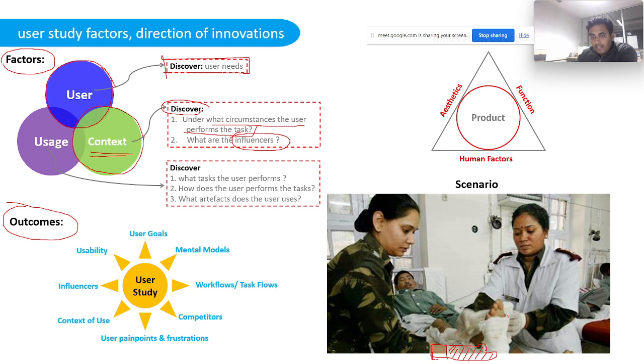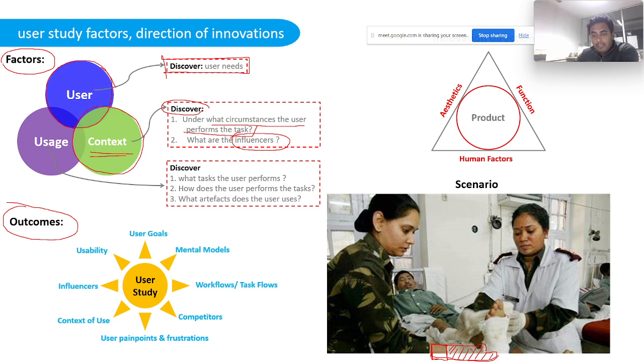It's again the skill of the designer or the researcher involved in the contextual inquiry process to raise these questions. Once you have experience, you will probably have these questions automatically in your mind. But for newbies who are new to the contextual process, you need to frame those questions beforehand when you go for a contextual inquiry process.